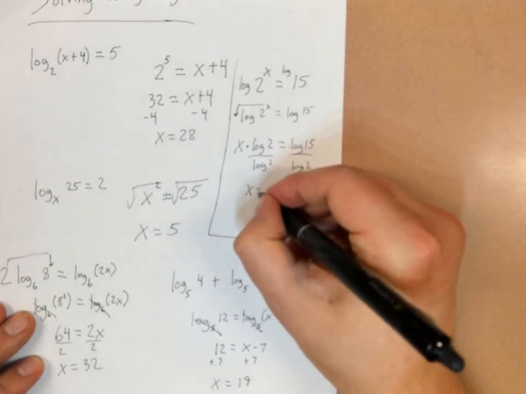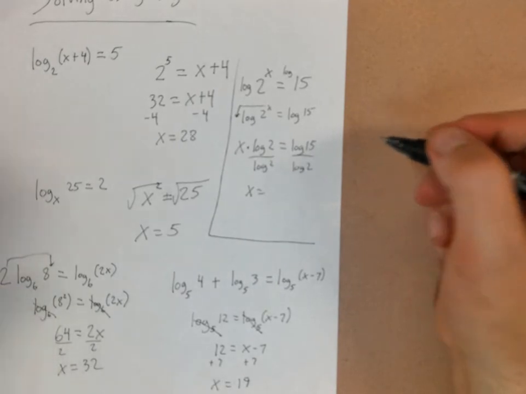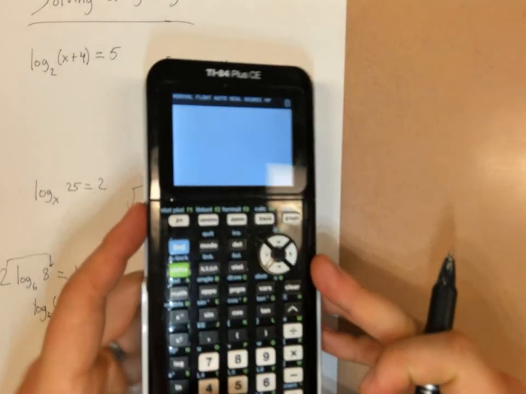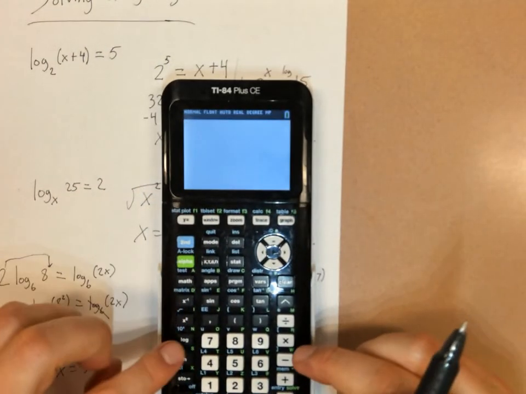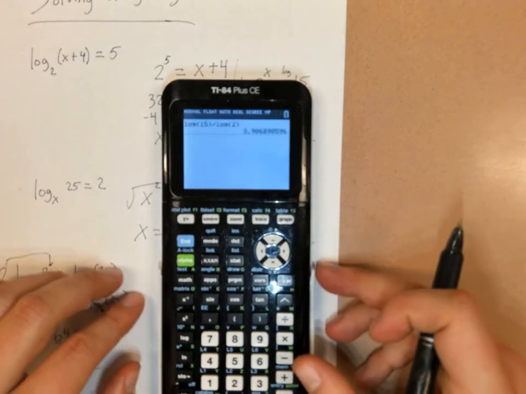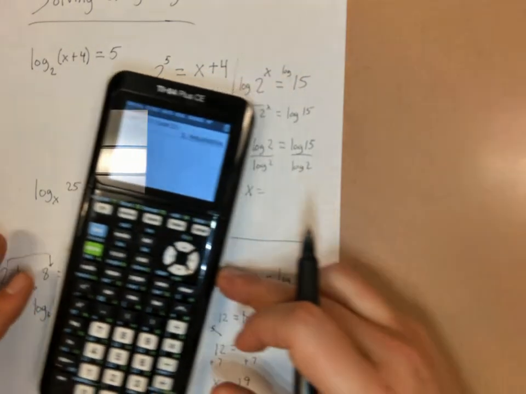And you end up with x equals, and then that's just going to be stuff you type into the calculator. I can do that for you. If I have the log of 15 divided by the log of 2, I end up with 3.91.